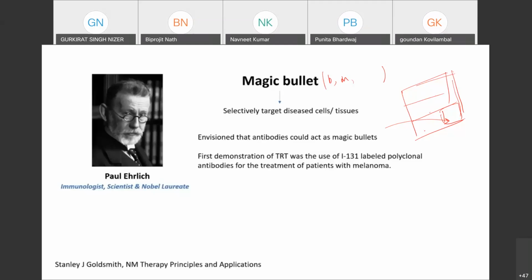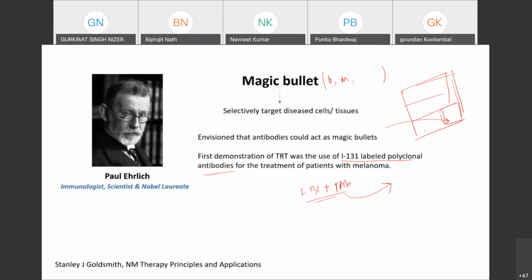And its first demonstration came with the use of iodine 131 labeled polyclonal antibodies, which were used for treatment of patients with melanoma. So basically we have iodine 131, which is conjugated with a polyclonal antibody, and that's specific for melanoma. But although this therapy has a lot of side effects, because that's a polyclonal antibody, it's binding to multiple sites, so we are also getting some amount of side effects.